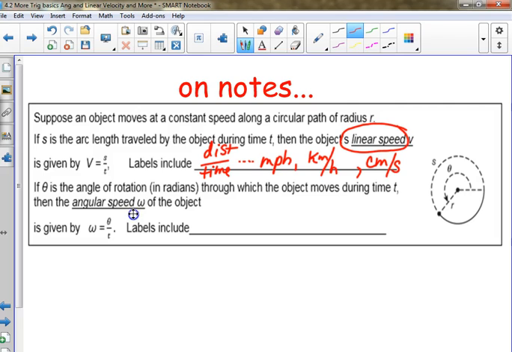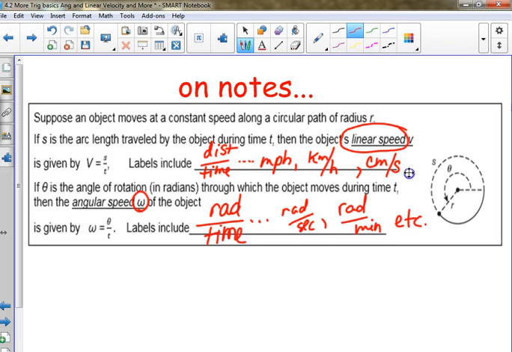If we want angular speed, which is this goofy little omega, then you need some kind of angle per time, and it's always going to be radians per time for our purposes. Okay? So you could have radians per second, radians per minute, etc. Everybody get the idea? The difference between angular and linear.